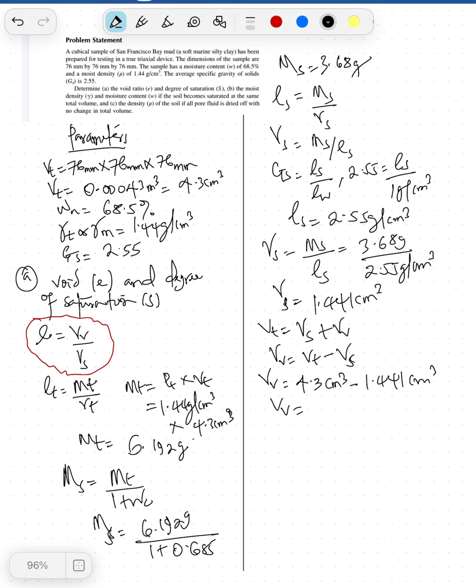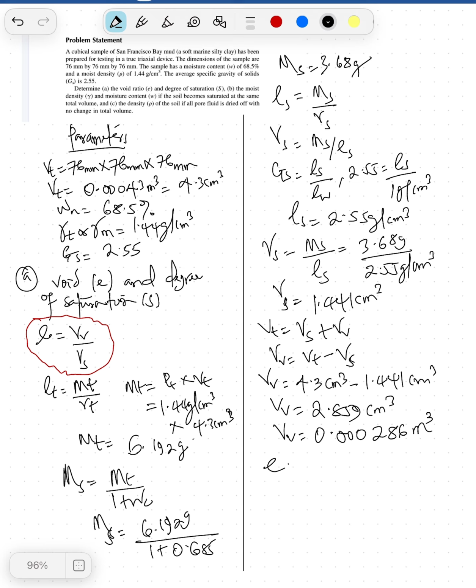So we do the calculation: 4.3 minus 1.441 will be 2.859 cm cube. Converting this to meter cube, that will be 0.000286 meter cube. That is the volume of void.